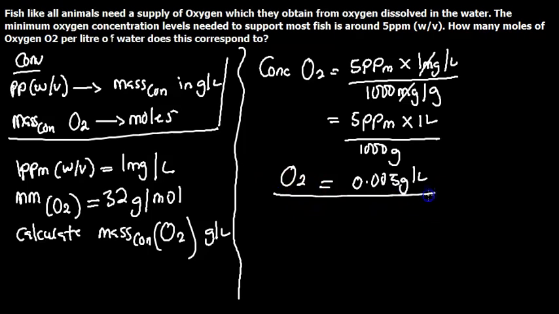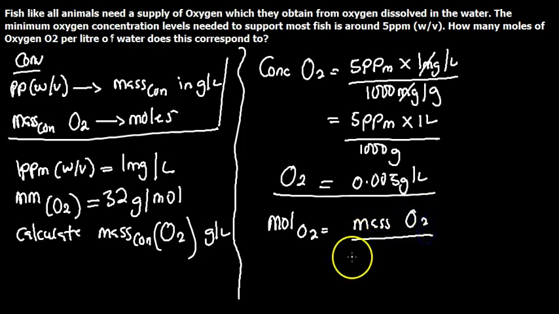Let's put this one down. Second thing we need to do is to convert the mass concentration of oxygen into moles. So to convert grams to moles, we use the molar mass of oxygen. So the number of moles of oxygen is simply going to be the mass of oxygen divided by the molar mass of oxygen.